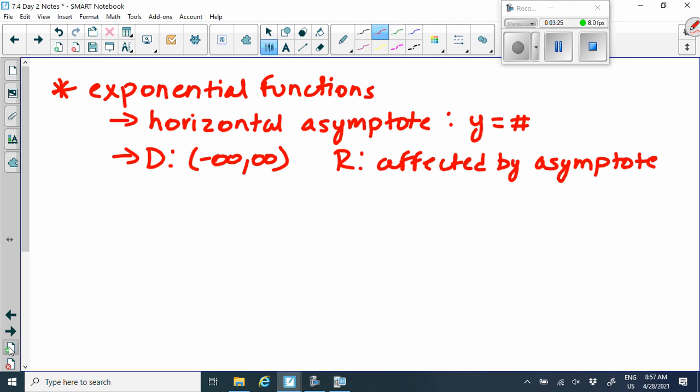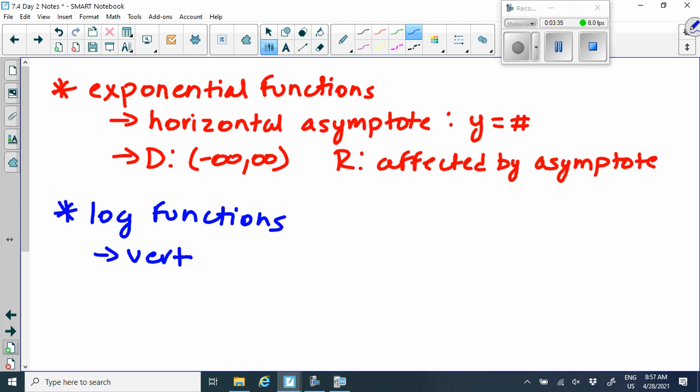Now, for logs, though, it has a vertical asymptote. So that's going to be x equals a number. The default would be x equals 0. Well, for the horizontal, it will be y equals 0.